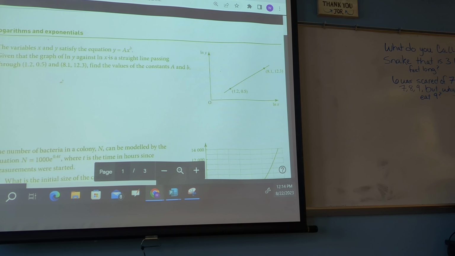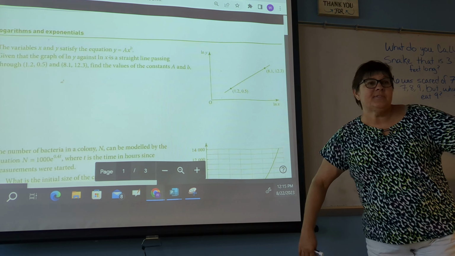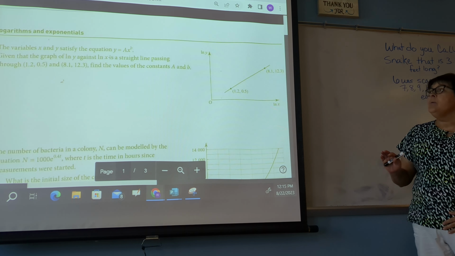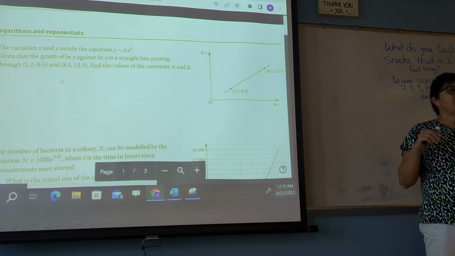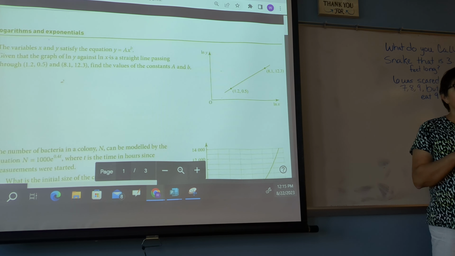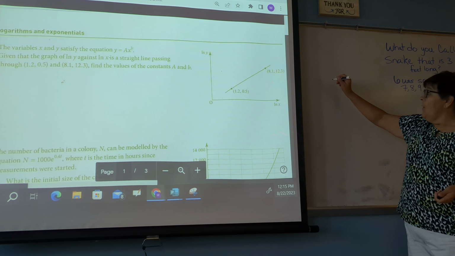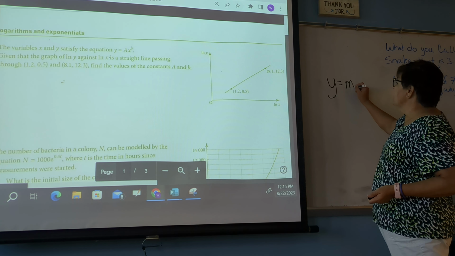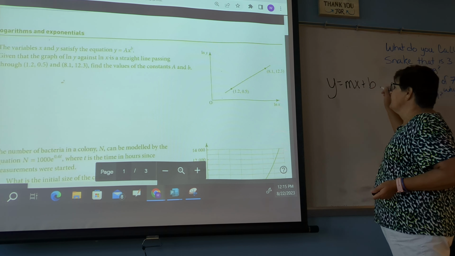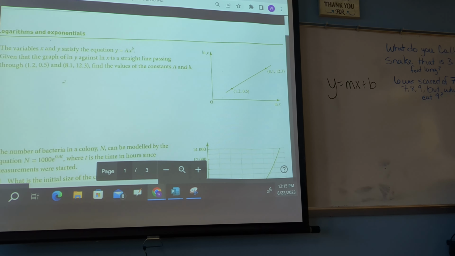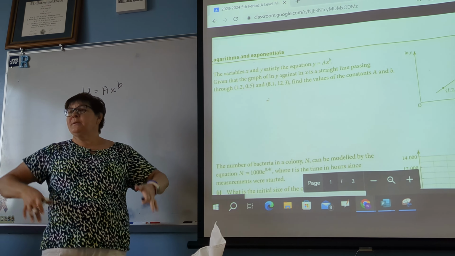Okay, so first of all, back in 8th grade algebra, 7th grade algebra, whatever grade you all took it in, tell me what is the equation that we learned that represents a straight line? Y equals mx plus b. Cool? Does that make sense? The way that we always say a straight line, we have y equals mx plus b. We're comfortable with that.